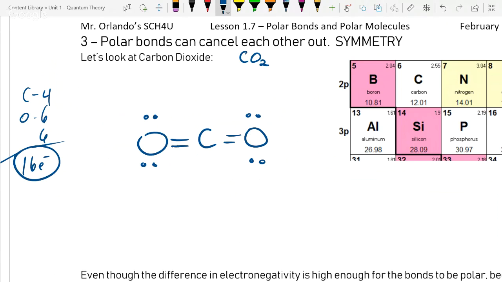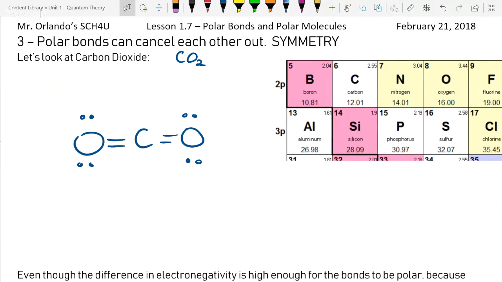It will. Okay, now let's look at the difference in electronegativity. What is carbon's electronegativity? Great. What's oxygen's? Yeah. Very good. So the difference in electronegativity would be 3.44 minus 2.55. 9, 8, and 0.